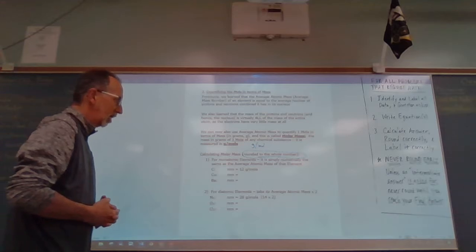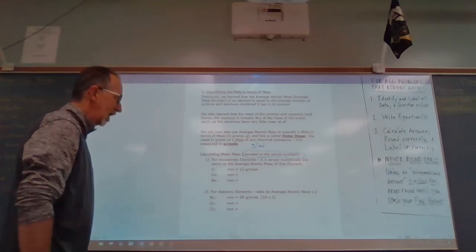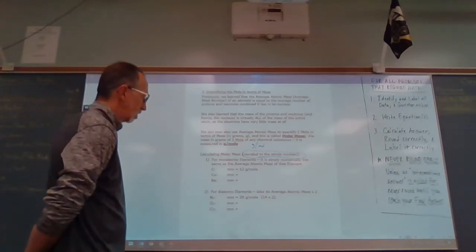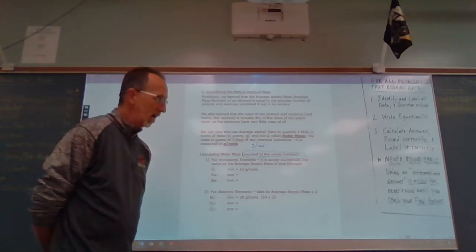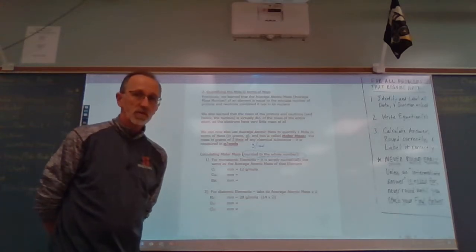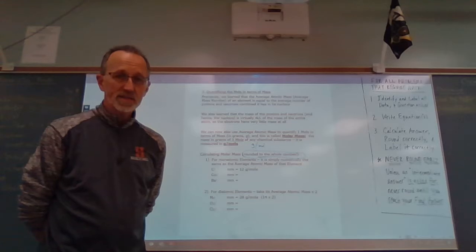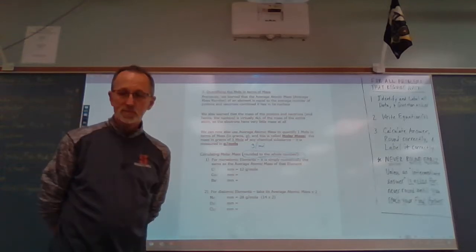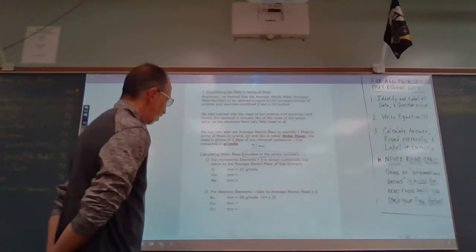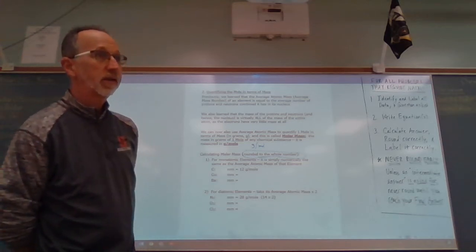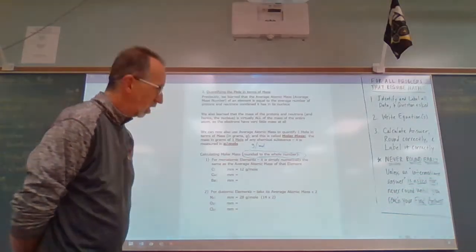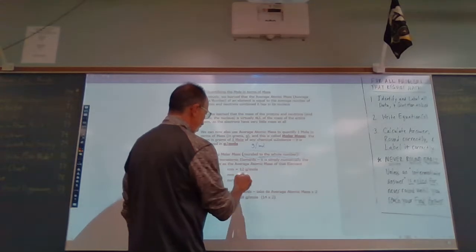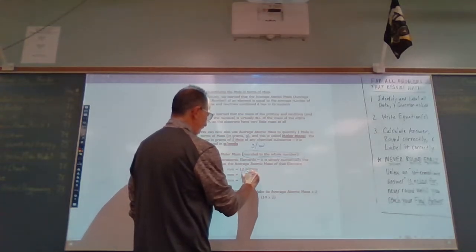So for a monatomic element, the molar mass is simply numerically the same as its average atomic mass. Like we said for carbon, which is 12.01, we would round that to 12 grams per mole. For copper, which is 63.55, we round that to the whole number. That would be 64 grams per mole.